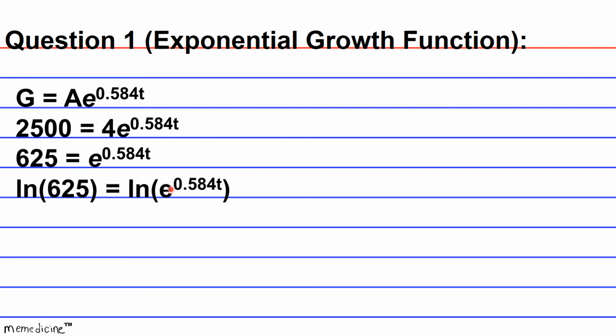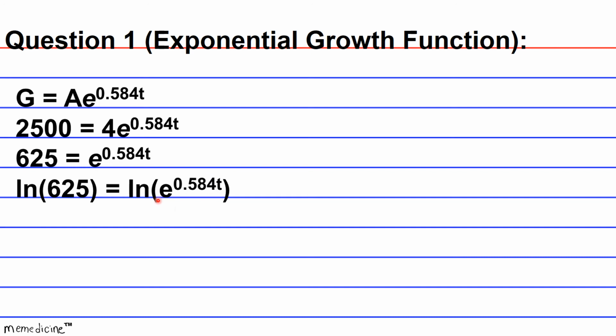The natural logarithm of a base raised to an exponent is going to be the value of that exponent times the natural logarithm of the base.